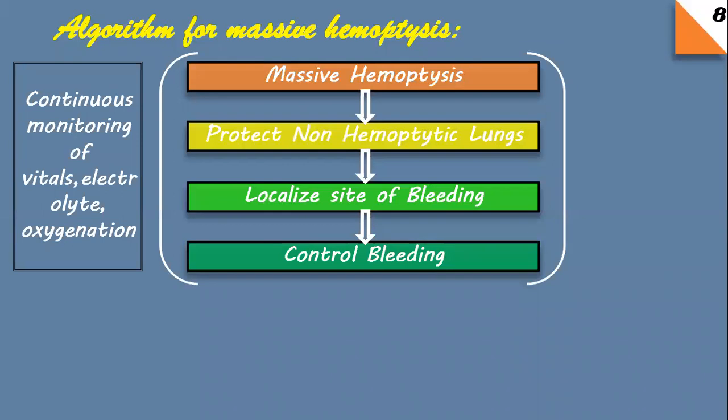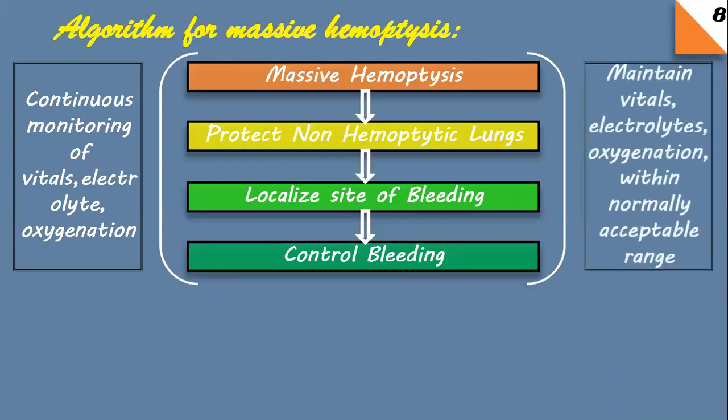And after doing that, if there is any kind of imbalance, then we have to correct it. So we have to maintain the vitals, electrolytes and oxygenation within the normally acceptable range. Here I've mentioned normally acceptable range because in a bleeding patient, in an emergency setting, we should not focus on taking the levels straight back to normal.